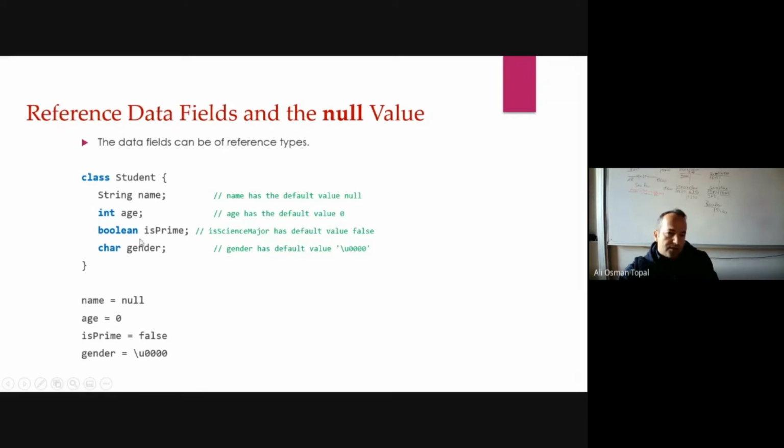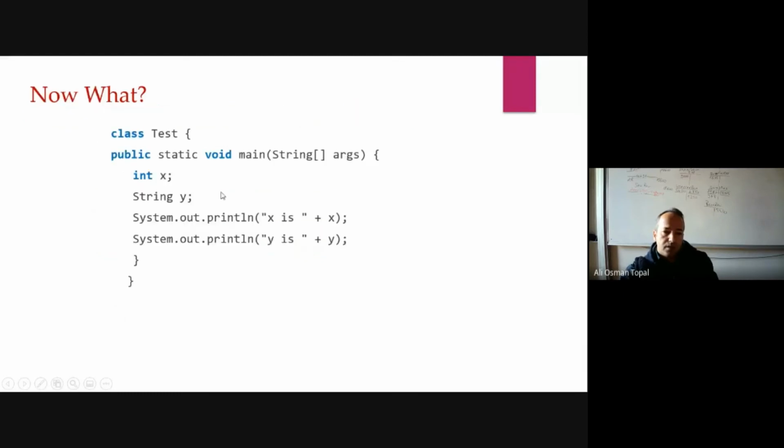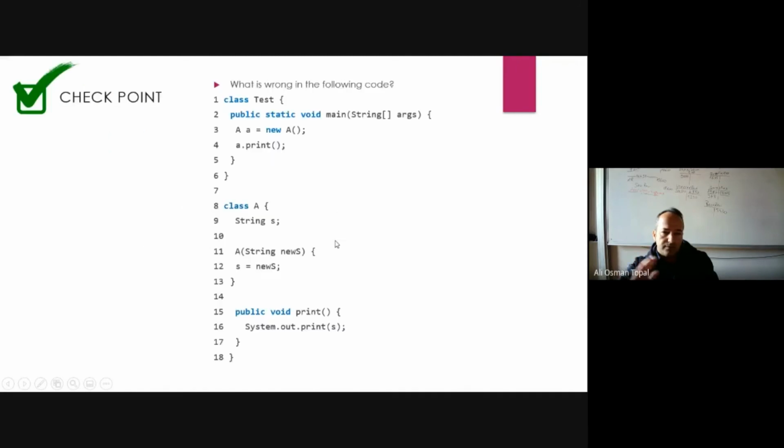If you do not assign any value, then their null values will be: string null, age integer 0, boolean will be false, and gender is this one. Just keep in your mind, you might need it. So in this case, what is going to print? Integer x, string y. If I print out x and y, what am I going to see? You should try by yourself.